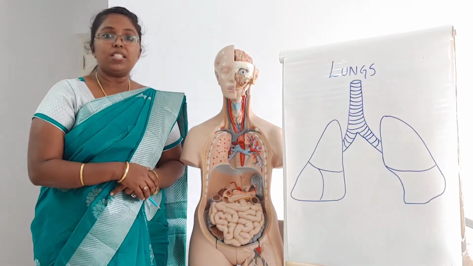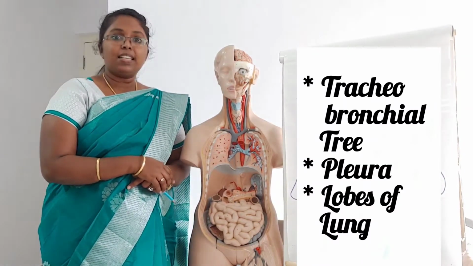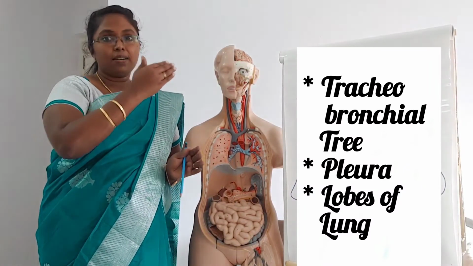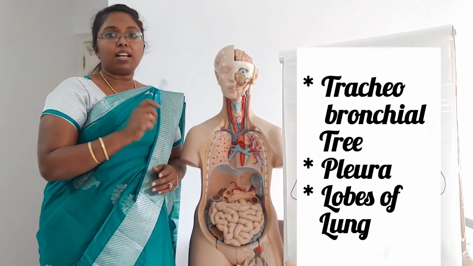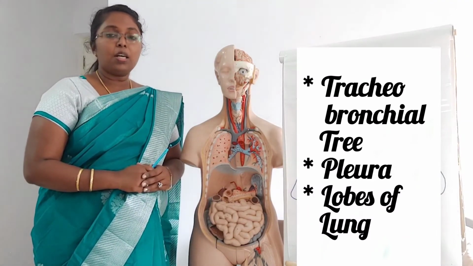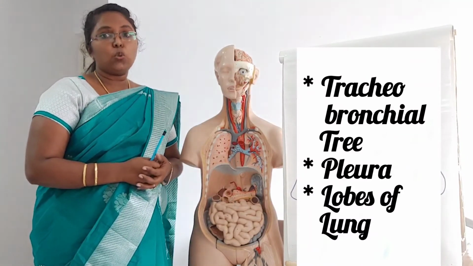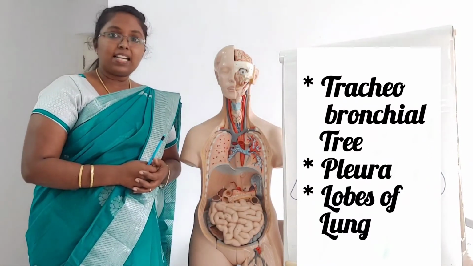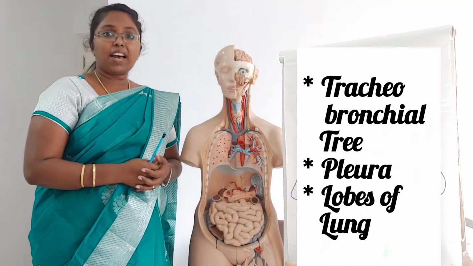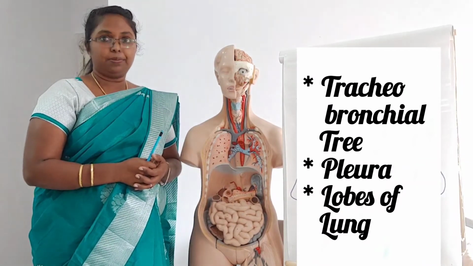So today we dealt with the tracheobronchial tree. The tracheobronchial tree is nothing but the progression from the trachea till the alveoli. Next, we went to the pleura, the outer covering of the lung, which has two layers, the parietal layer as well as the visceral layer, and a cavity known as the pleural cavity which contains serous fluid.